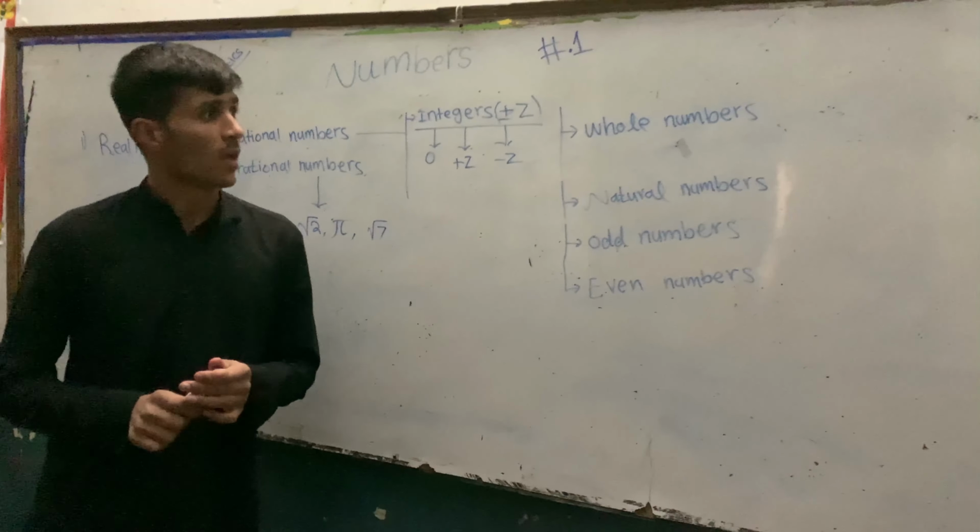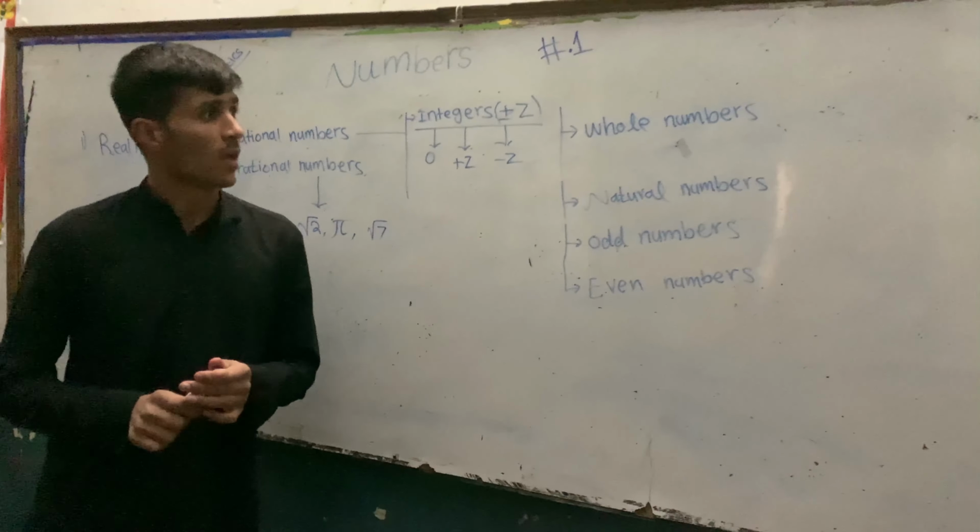But there is one condition you should be aware of: in P over Q, Q should not be equal to 0, because any number divided by 0 is undefined. We can't solve it. So any number in the form of P over Q, where Q is not equal to 0, is called a rational number.